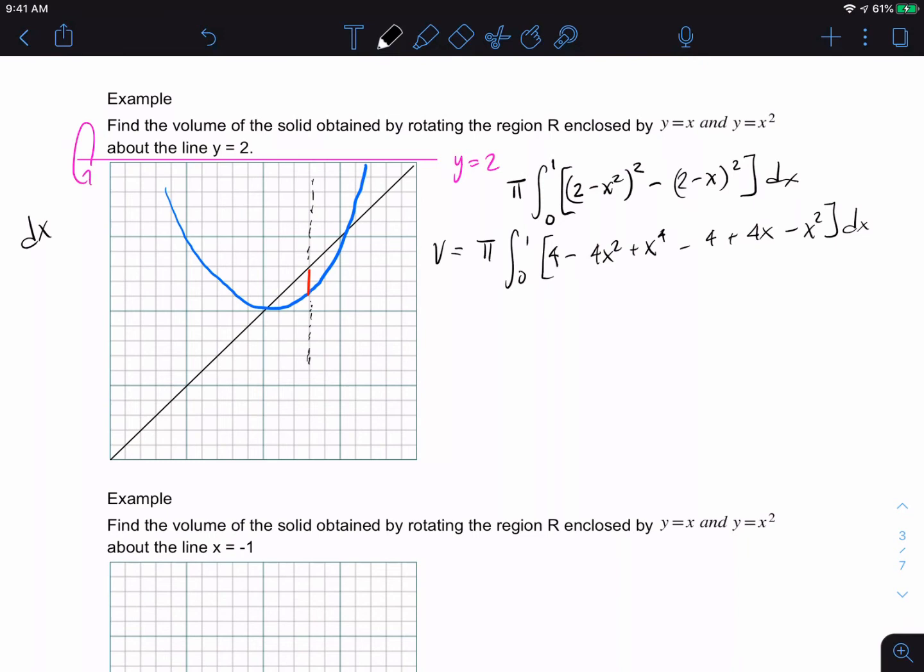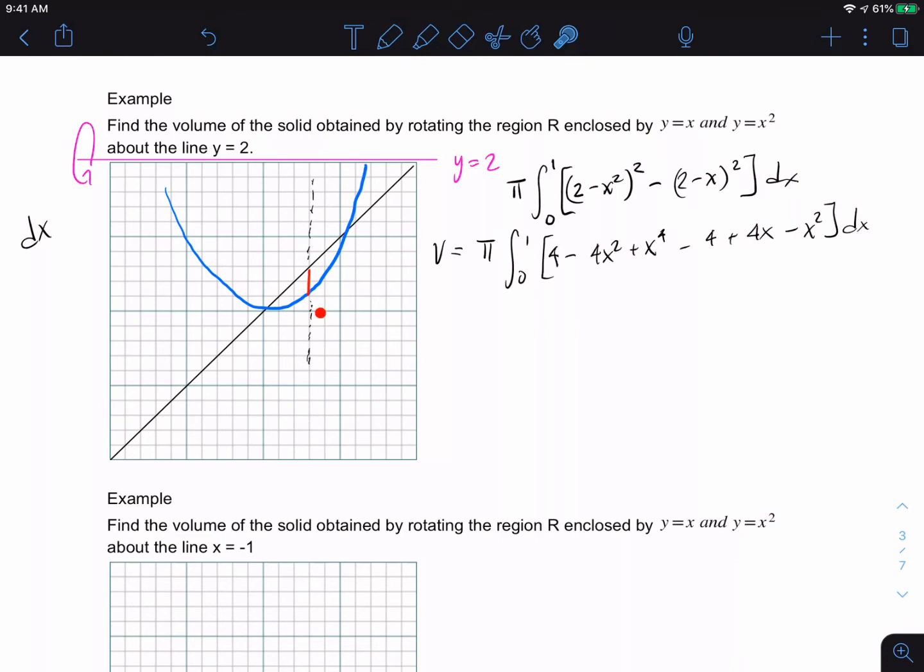So what do you want me to explain again, Julian? Sorry, I just missed that. How I got the radius? Yeah, okay, no problem. So look at it this way. From here to the x-axis is what I'm looking at, right? So the radius, if I were to rotate this at y equals 2, I always rotate to the x-axis. So how far is it from the pink line to the x-axis? 2, perfect.